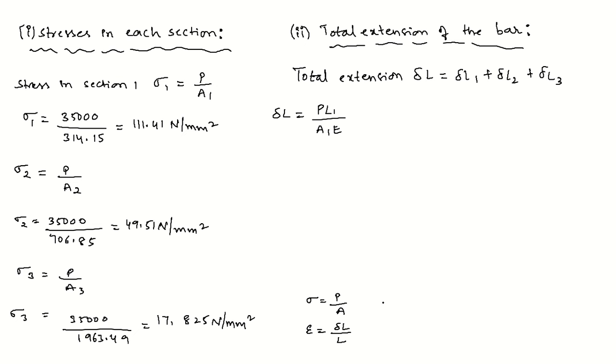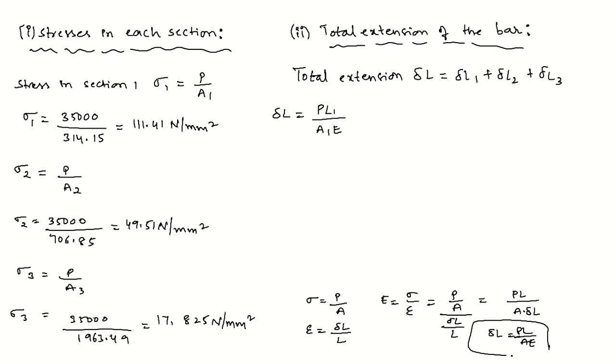Young's modulus is stress by strain, correct? So it is P by A divided by delta L by L. Finally, I will get PL by A into delta L. So if E is equal to PL by A into delta L, what will delta L be equal to? This E will come here, PL by AE.